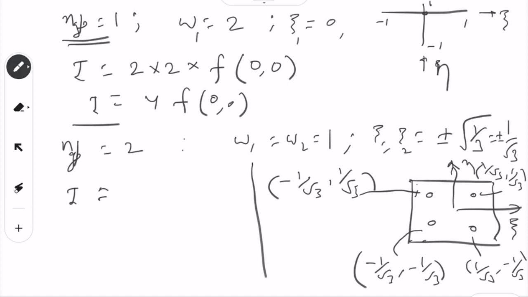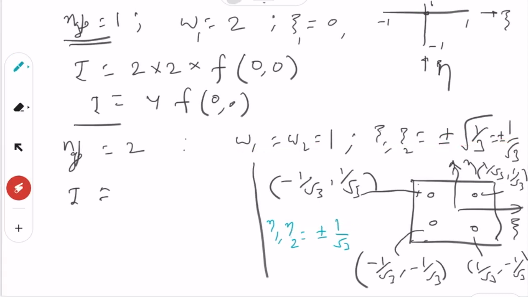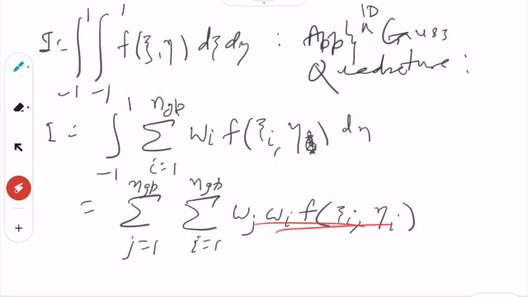Also we can write here xi1, eta1, eta2 equal to plus minus 1 over root 3. You put all of these in this equation and you can find the integration.